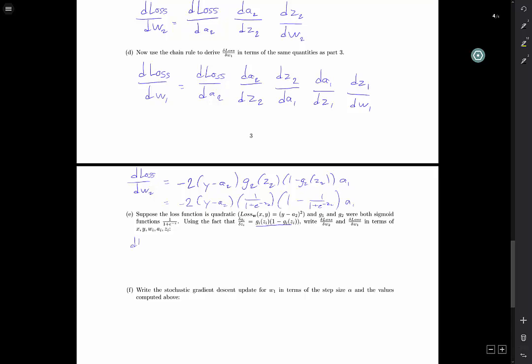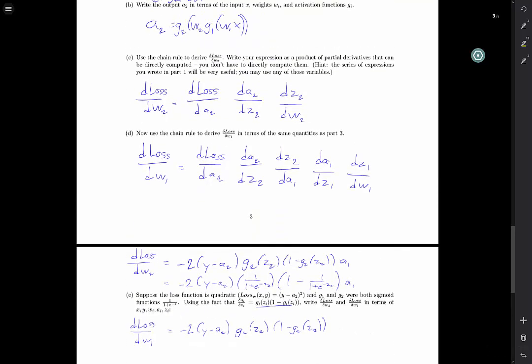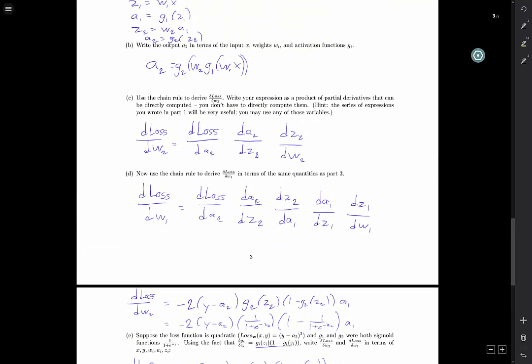Okay, so now we can do the same exact thing for d loss dw1. We know that the first two terms are going to be the same. So d loss dA2, and dA2 dZ2 is the same thing as we did for W2. Now we get dZ2 dA1. We look up at our equations, and dZ2 dA1 is W2.